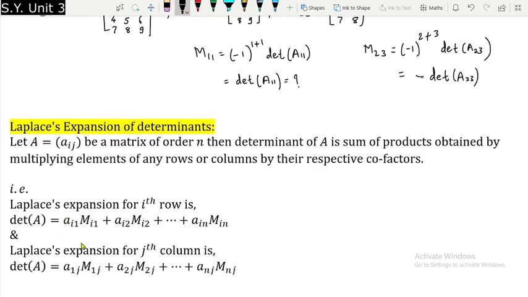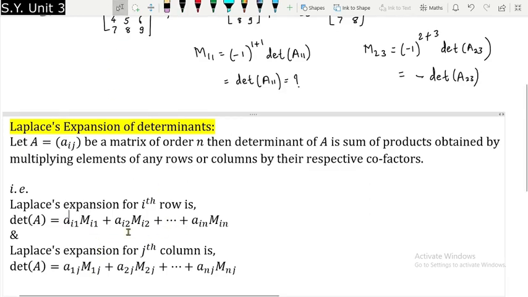See how Laplace expansion for ith row is. It is sum, right? You can see there is a sum, and sum of what? Sum of products involving two terms, that is element and its cofactor. So if A11 is the element, its cofactor is what? M11, in this way. Now this is a Laplace expansion for ith row.